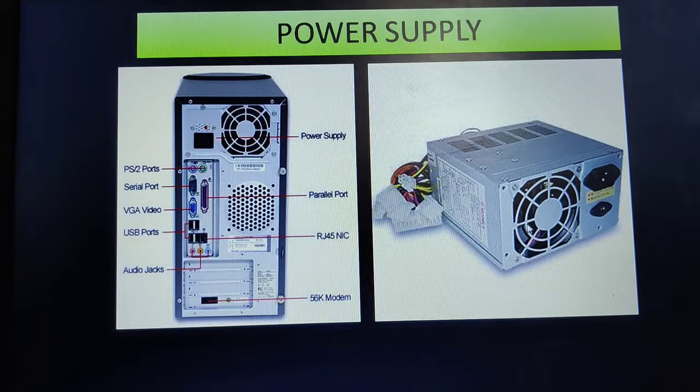Usually when you turn on your computer system and work for 1 hour or 2 hours, if you touch the back end of your computer system, you will feel the heat. An enormous amount of heat is generated by the computer system because of its continuous working and continuous power supply.